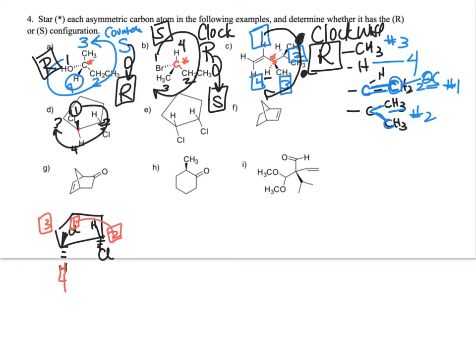So 1, 2, 3 is R. And then you come here to this carbon here, chlorine would be 1, this whole group would be 2, and this back group would be 3, 1, 2, 3. That's R. However, hydrogen now is coming at you, so this would be S.